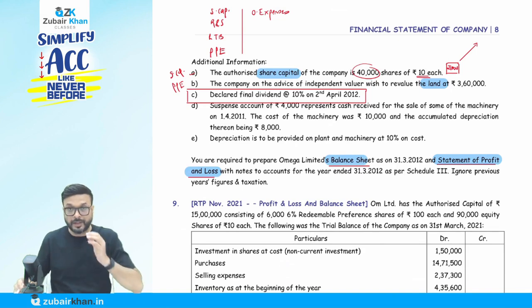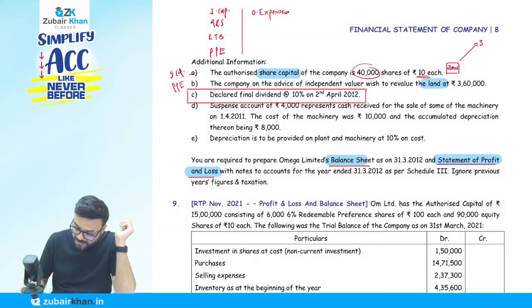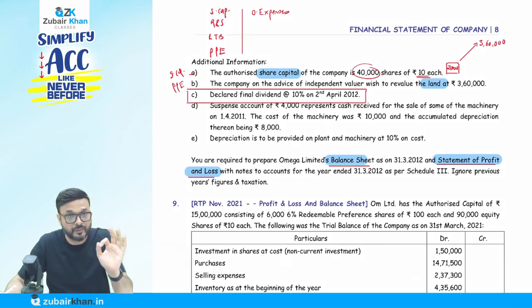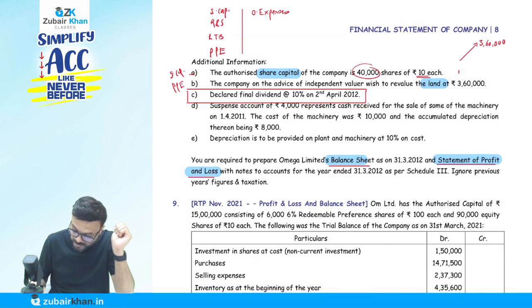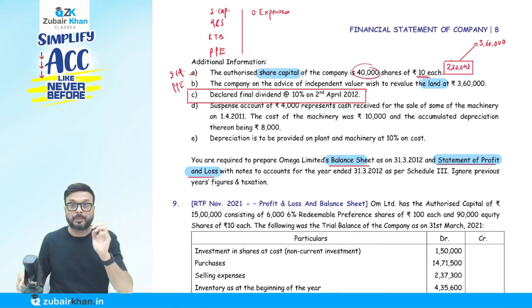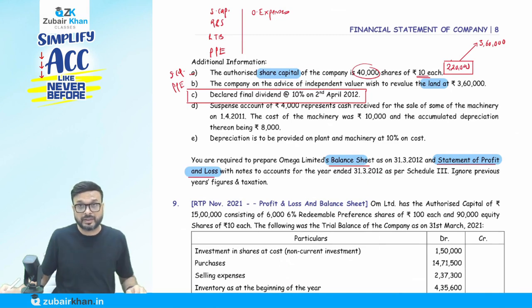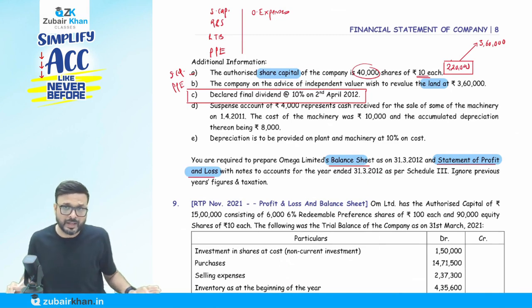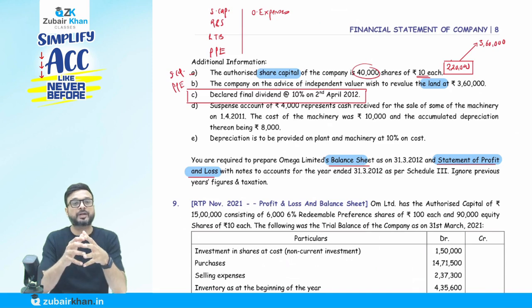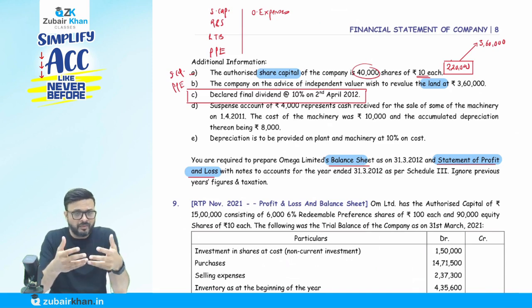But if the market value of that asset is 3,60,000, the value appearing in my books of account is still 2,20,000. But they want to do the revaluation at 3,60,000. Is it allowed? I mean to say, in our books of account, we might have purchased the land at 2,20,000, but later on the market value increases.